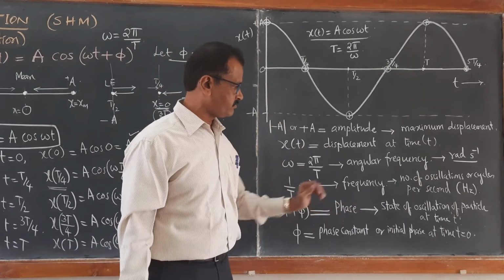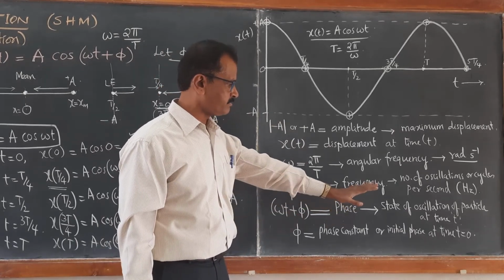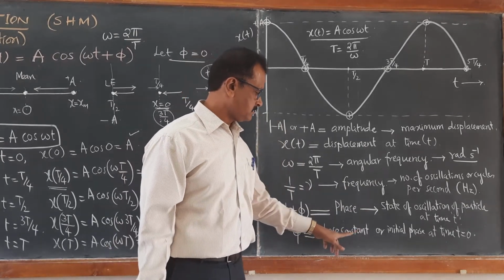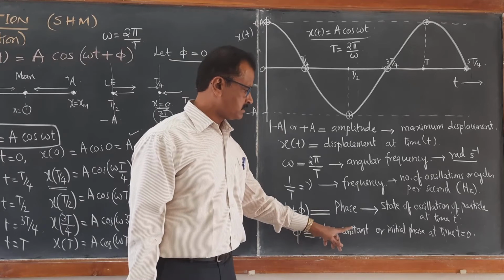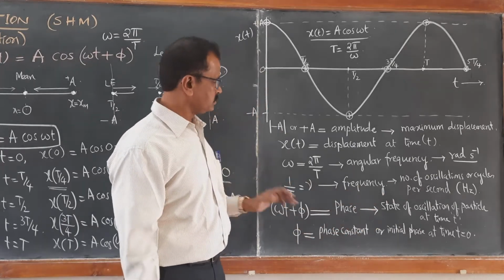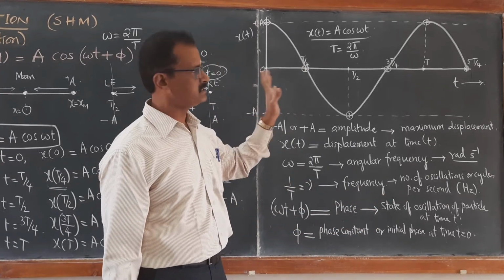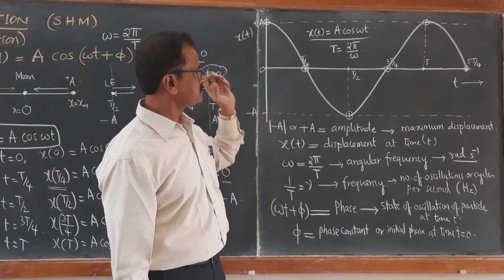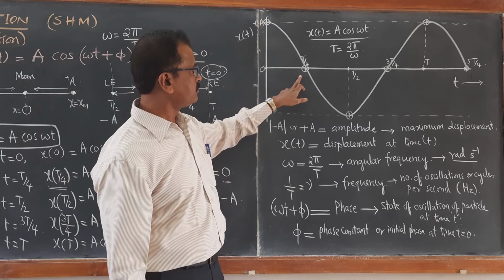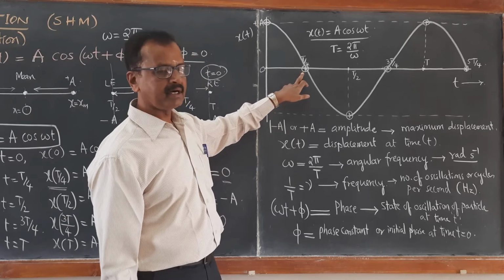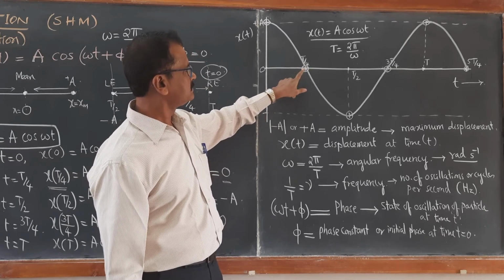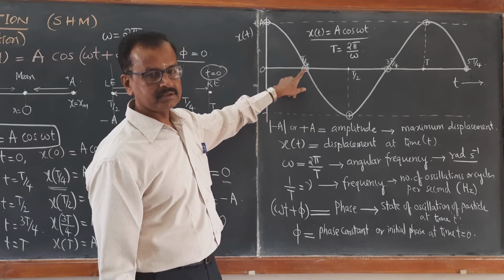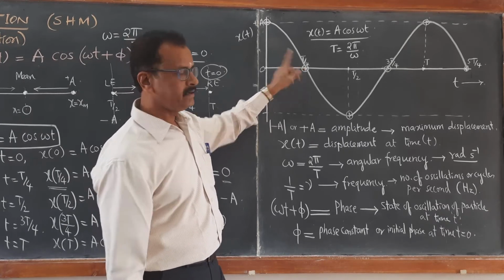So phase is the state of vibration or state of oscillation of the particle at any given instant of time t. The phase constant is the initial phase at time t equal to 0. Here in this example, the initial phase is 0. At any time, for example at t by 4, the particle is at the mean position.